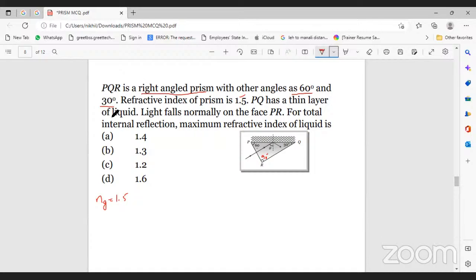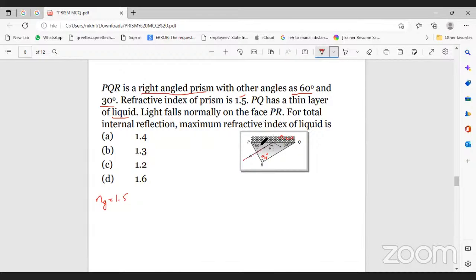PQ is a thin layer of liquid. We don't know the refractive index of this liquid. Let it be water, NW. Let us assume NW is the refractive index of the liquid. Light is going to be incident normally on the face PR.